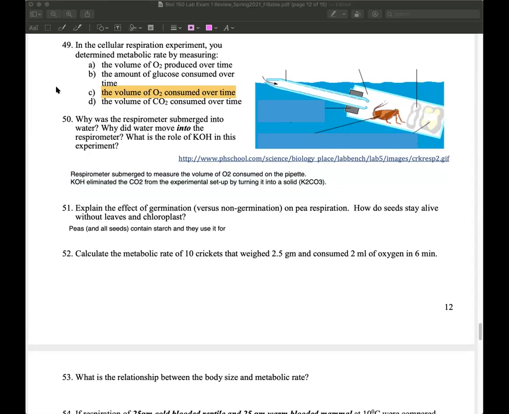These peas that are germinating, they're doing cell respiration, just like that cricket. So the seeds have to rely on cell respiration because they don't have leaves yet. They don't have any chloroplasts. They haven't produced those organs to capture light energy. So they have to rely on cell respiration if they actually want to grow into a plant.